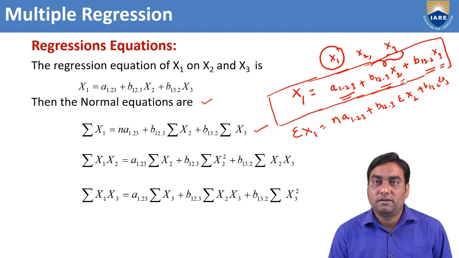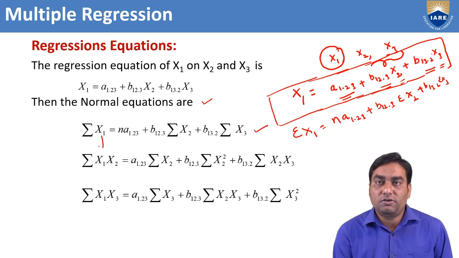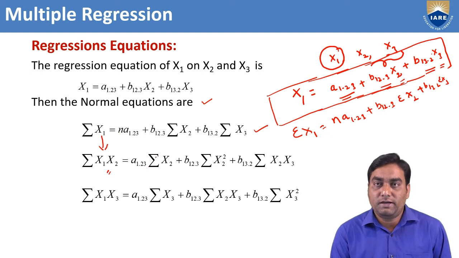That we have written. To get the second normal equation, multiply the first normal equation with x2. Now it will be sigma x1 x2 equals a 1.23 into sigma x2 plus b 12.3 into sigma x2 square plus b 13.2 into sigma x2 x3.